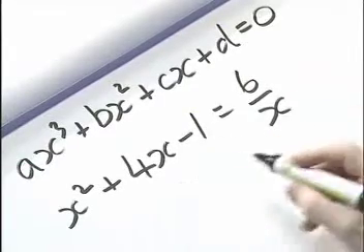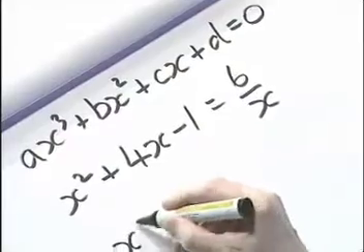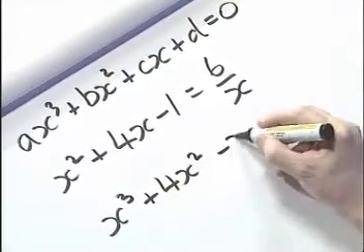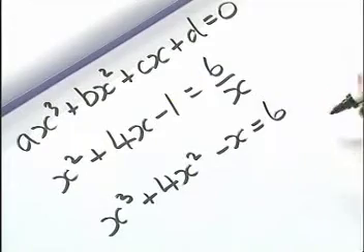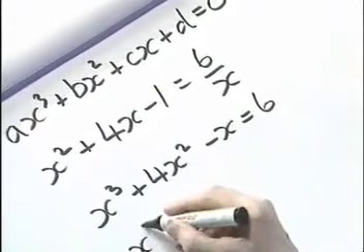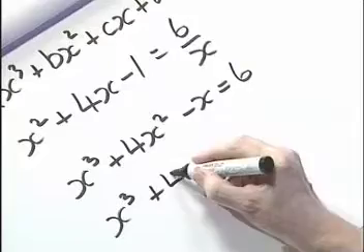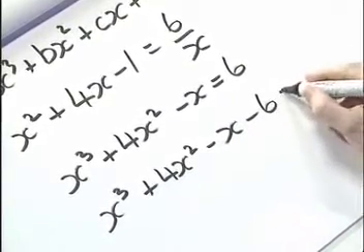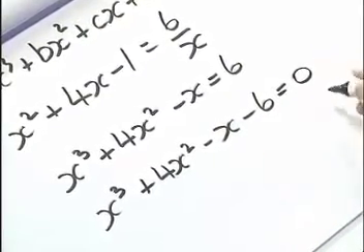We need to multiply through by x, giving us x cubed plus 4x squared minus x equals 6. And then we subtract 6 from both sides, giving us x cubed plus 4x squared minus x minus 6 equals 0.